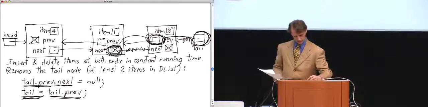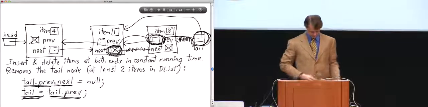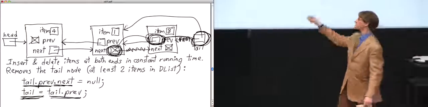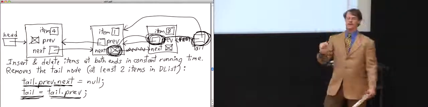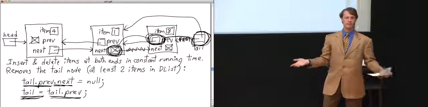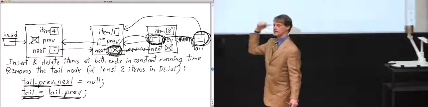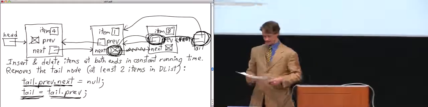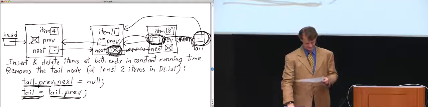So now we overwrite this reference with a reference to the second last node. And those 2 operations have spliced the last node out of the list. The last node still has a prev pointer, but we don't care. It may be pointing to its friend, but its friend is not pointing back at it, so it's ostracized. Poor node. Wait till it gets garbage collected, then it'll really feel poor.